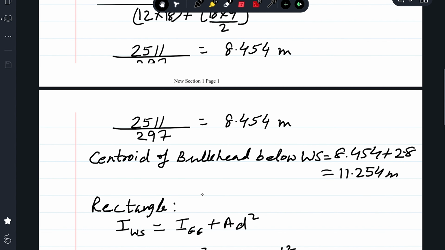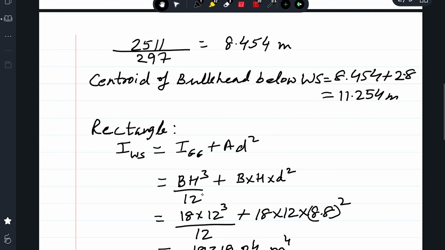So what will be the centroid of the bulkhead below water surface? There is a 2.8 meter head above the tank top. So 8.454 meter is from tank top plus 2.8 meter, which is the liquid column above the tank top. Total 11.254 meter is the depth of the centroid of the bulkhead from water surface.